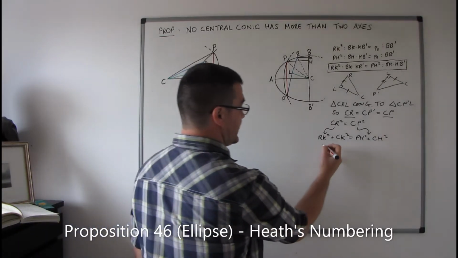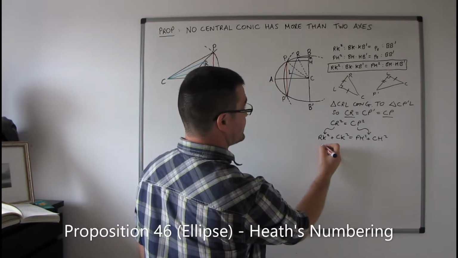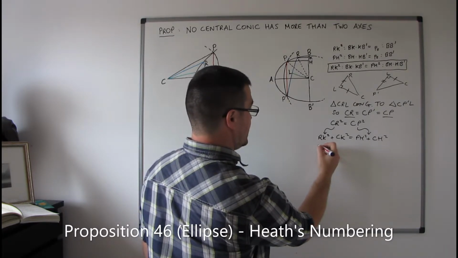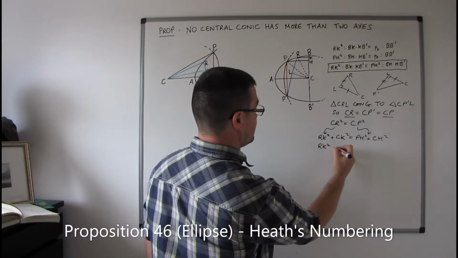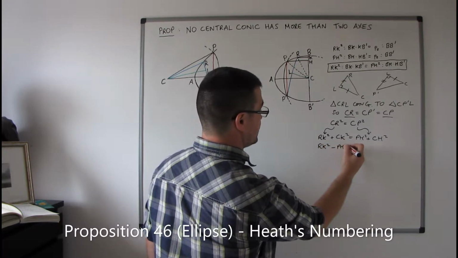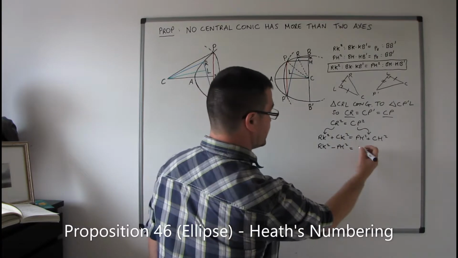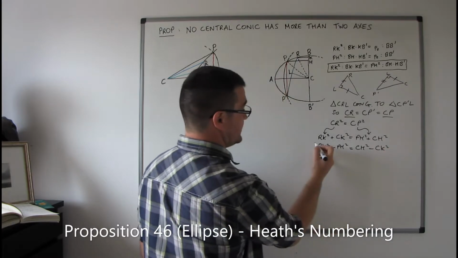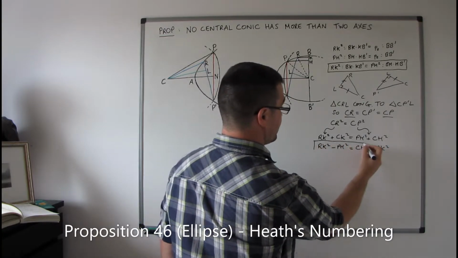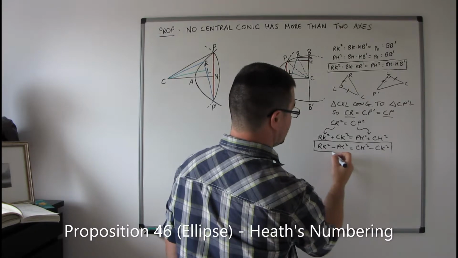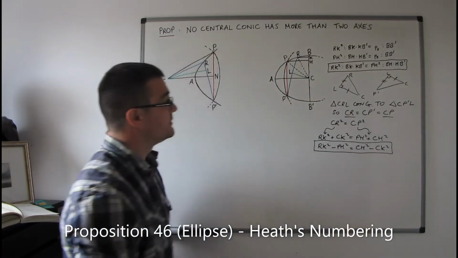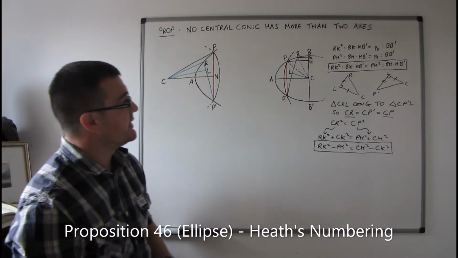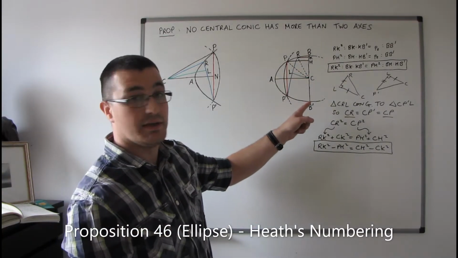And therefore we get that RK squared minus PH squared is equal to CH squared minus CK squared. This is another equality that we're going to need to use very shortly.